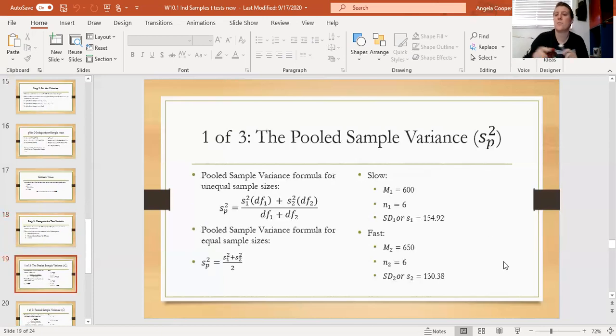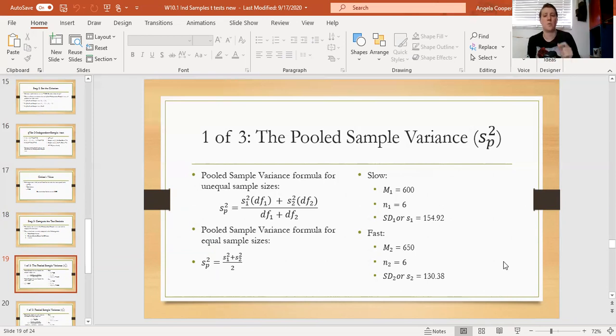First, let's start with the pooled sample variance. Keep in mind, there's also the inferential statistics cheat sheet, if you want to see the words written out in terms of what these notations mean. That S squared P is referring to the pooled sample variance. We know it's the sample variance because it's the lowercase and italicized S squared.